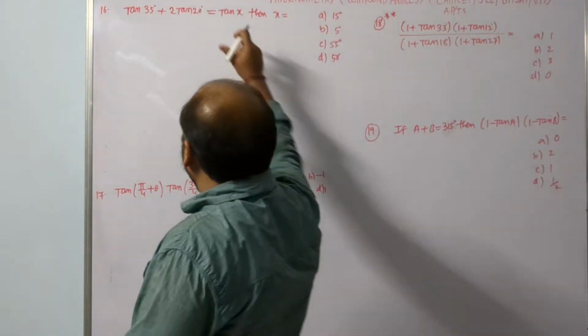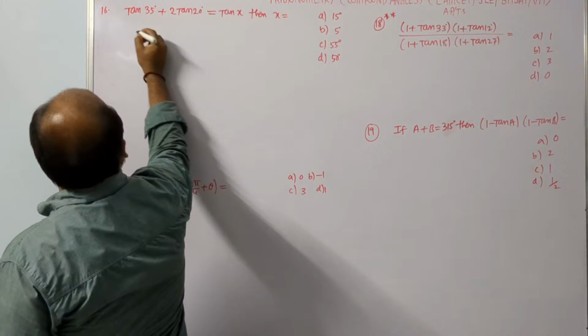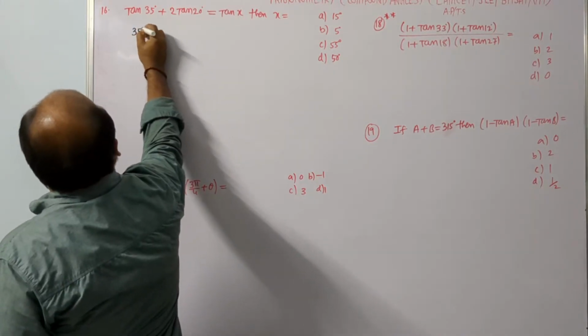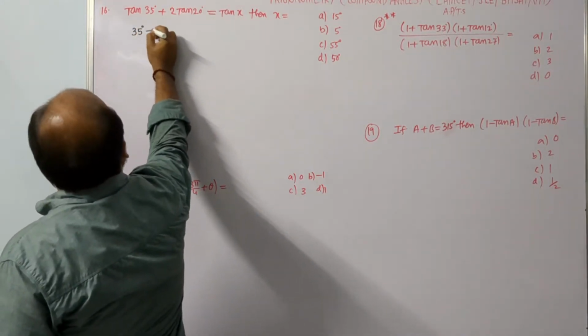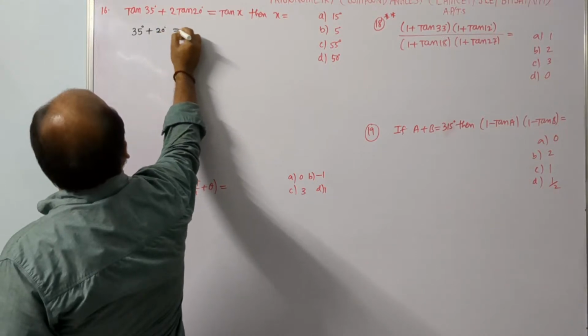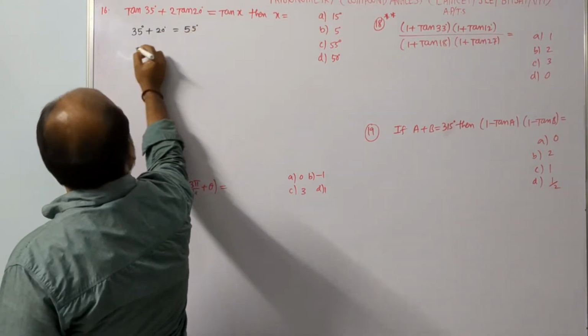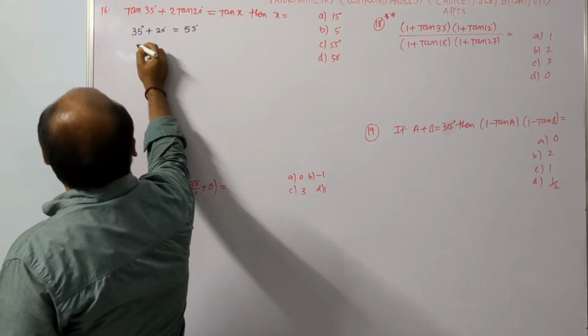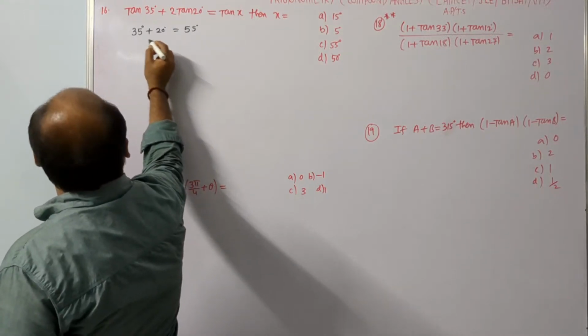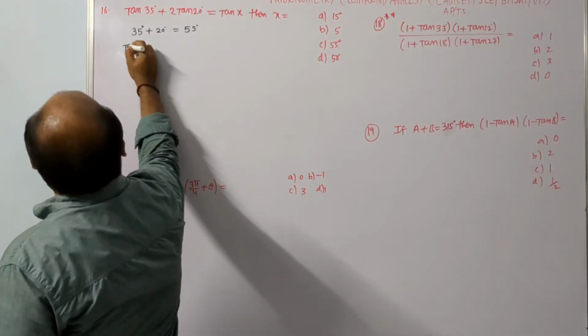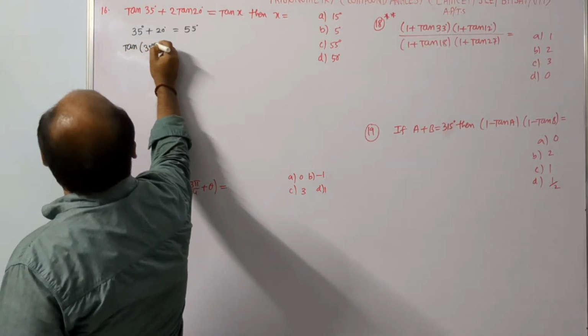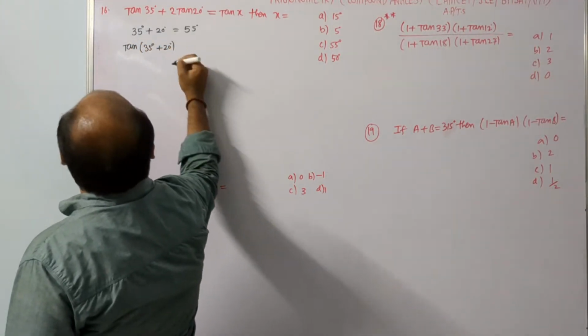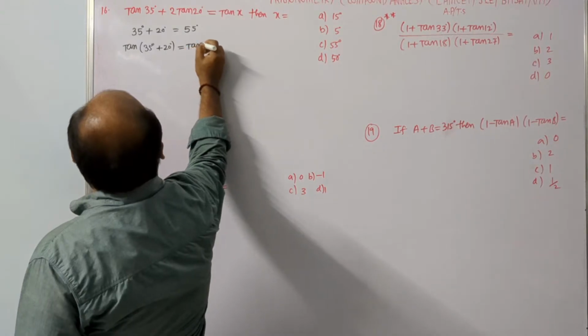Like the previous problem, 35 plus 20 is equal to 55. Now, taking tan on both sides, tan of 35 degrees plus 20 is equal to tan 55.